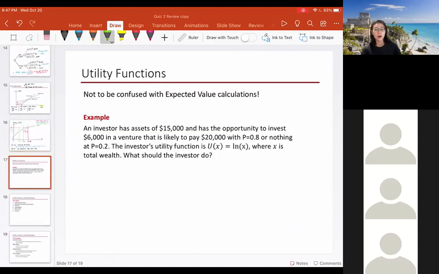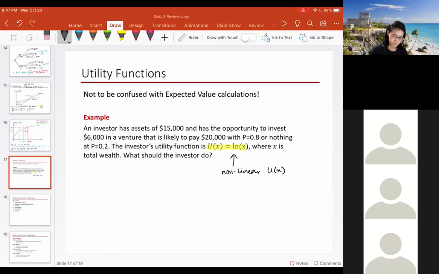Okay, so now here I want to draw the distinction between utility functions and EMV, right? This right here is a nonlinear UX. You are taking your dollar value and transforming it to some use to you in a nonlinear way.